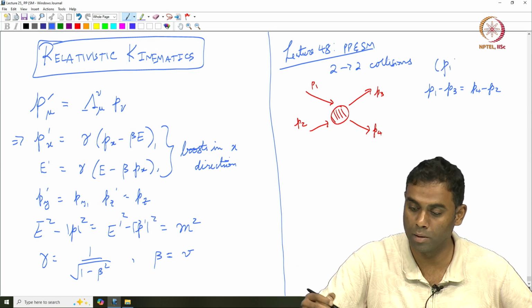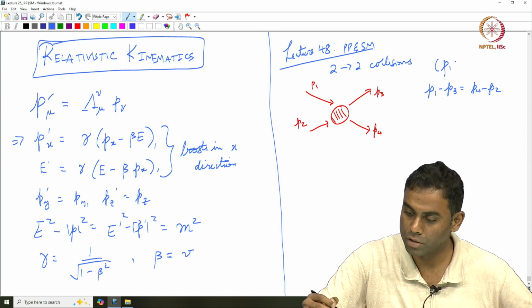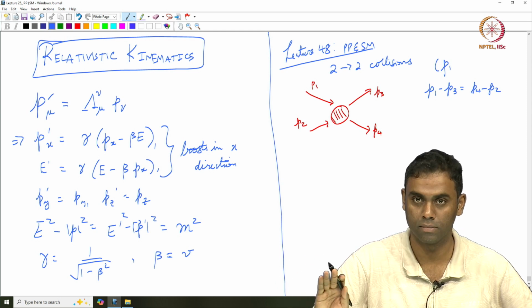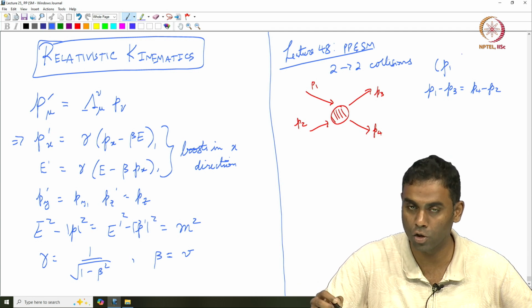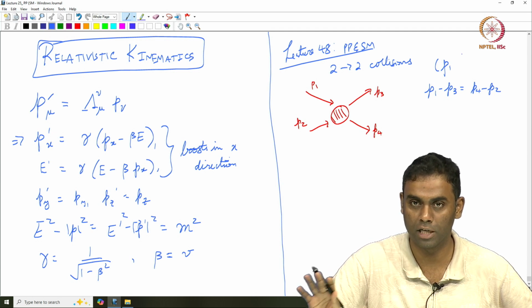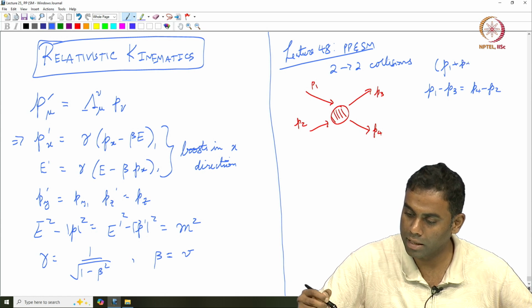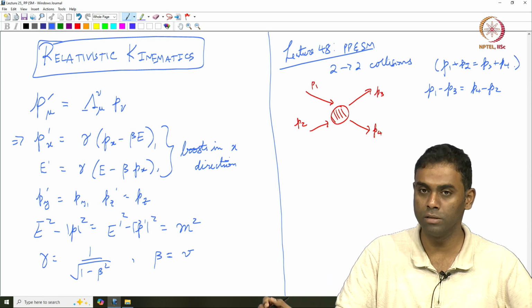Everything here I am writing is all in 4 momentum, there is no 3 momenta here. Only when I put an arrow on top it stands for a 3 vector. So all I have done is just rewrite this: P1 plus P2 is P3 plus P4, 4 momentum conservation.